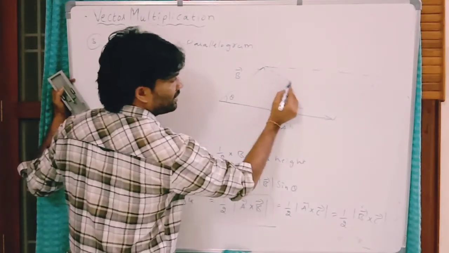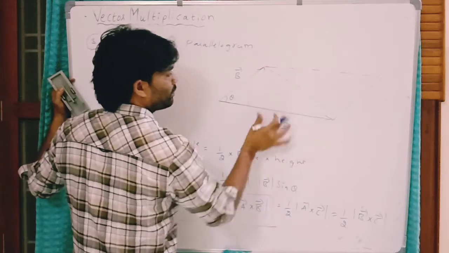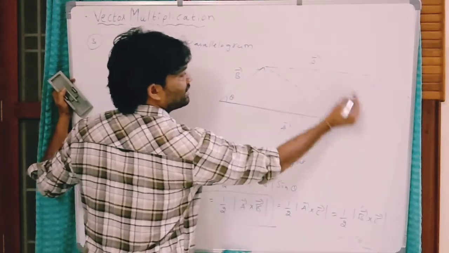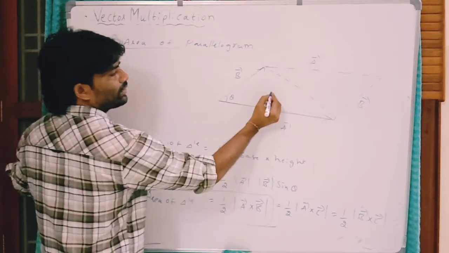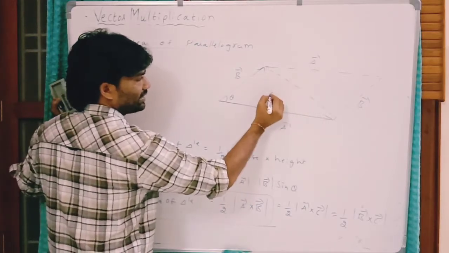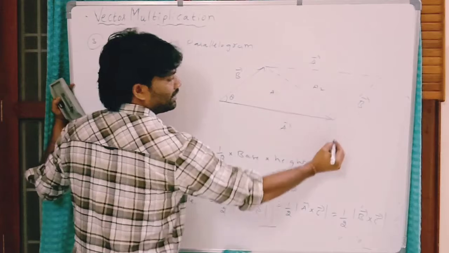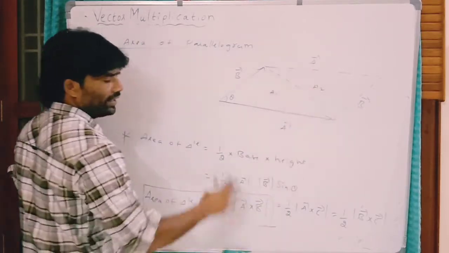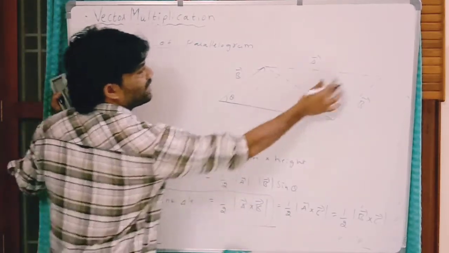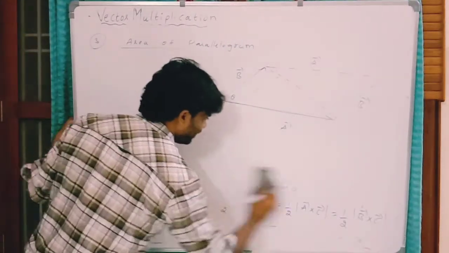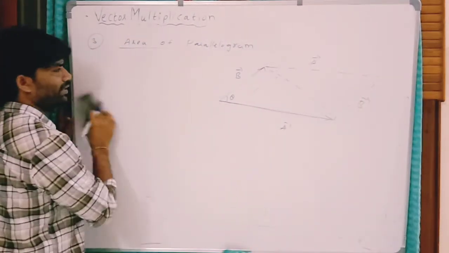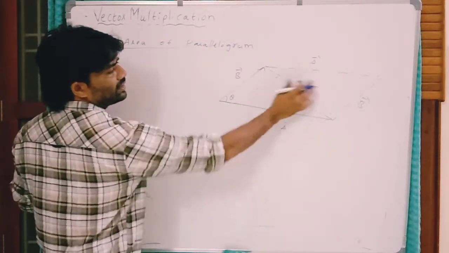Again, if I divide this into two triangles, this is A, this is also A, this is B. These are two symmetric triangles. If I say this area is A1, this is A2, the total area is A1 plus A2. If these areas are the same, then the area of the parallelogram is 2 times the area of each triangle.